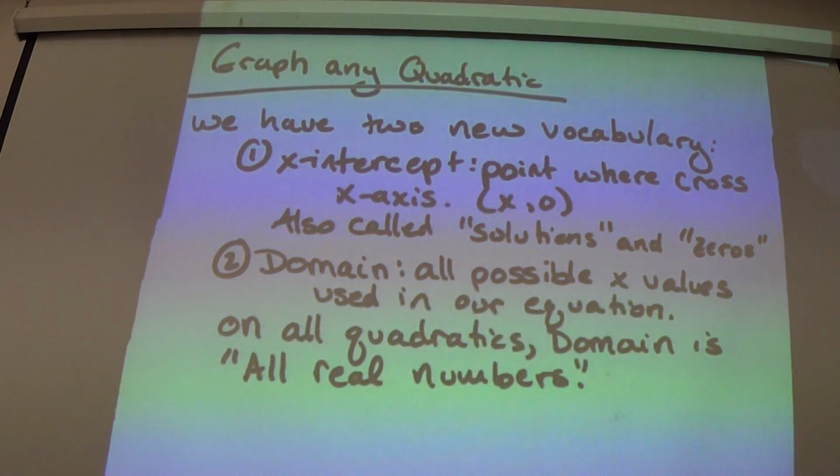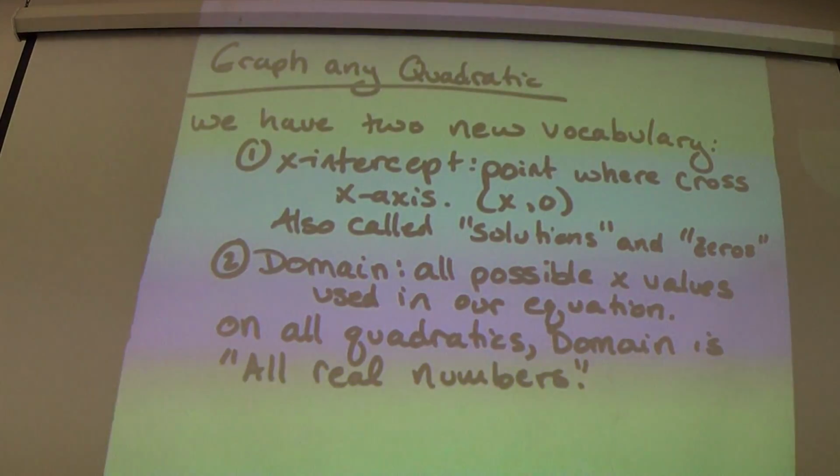You can't really plug in an imaginary because I can't plot that on a number line. But anything that's real, you can do. You can plug it in, you can get a result out of that. It doesn't really matter. Okay? So on quadratics, it's all real numbers. On other graphs that we do for the remainder of the year, not always true. But on quadratics, like I said, that should be an easy answer for you.